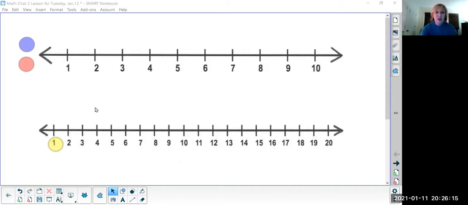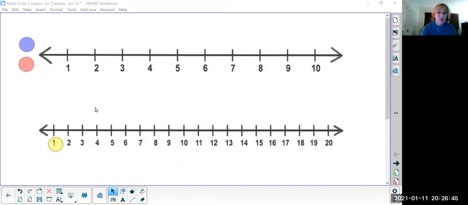You could use a number line, or you could use a hundreds chart. Now, 13 is the number I know. One more than 13 is 14. So they've got 13 and 14. What is one less than 13? What comes before 13?